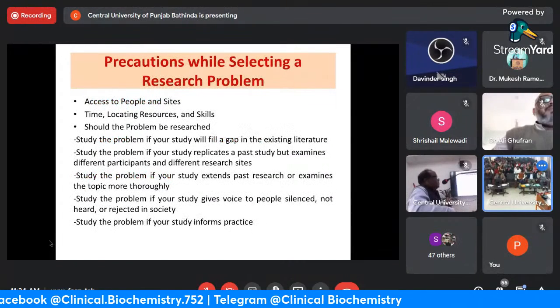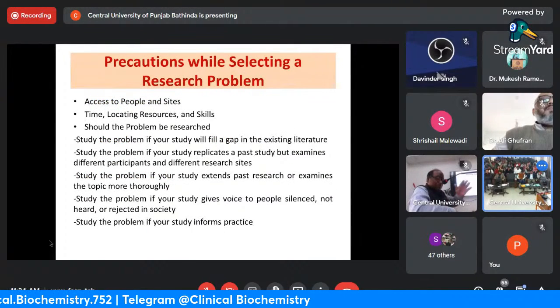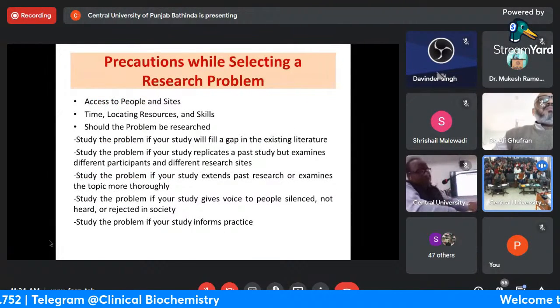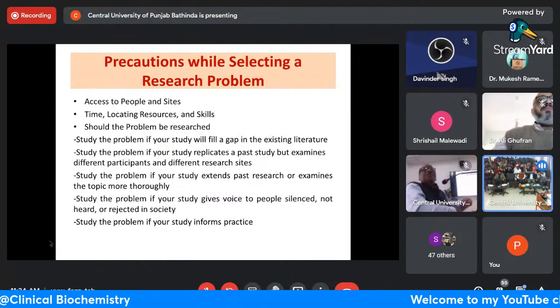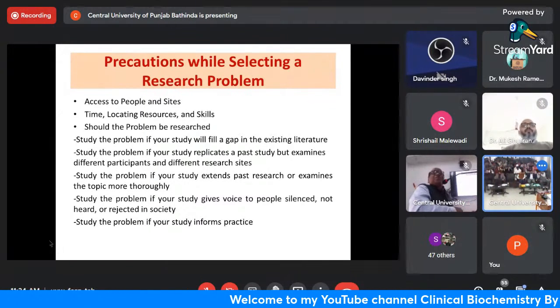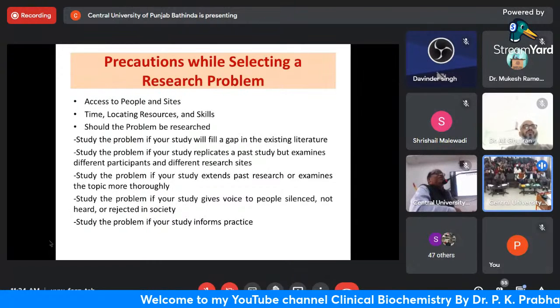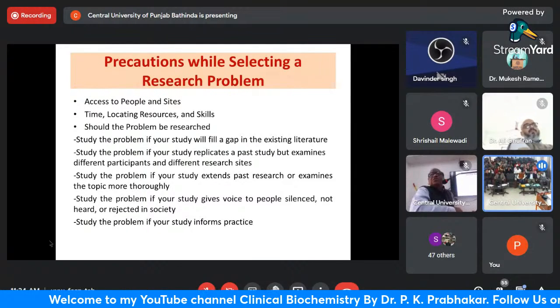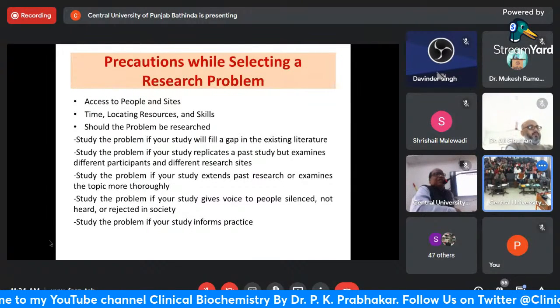For example, when I was interacting with a student of the science department once upon a time, she told me that she was doing research on cancer.